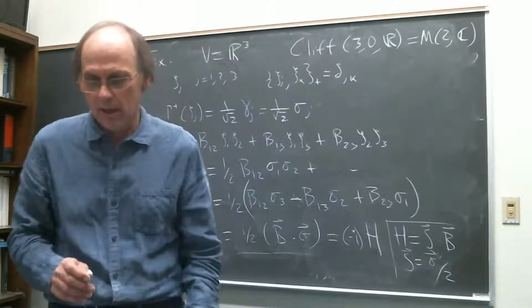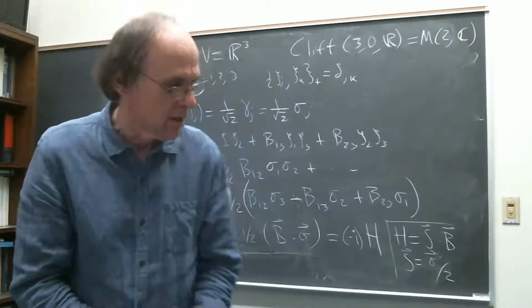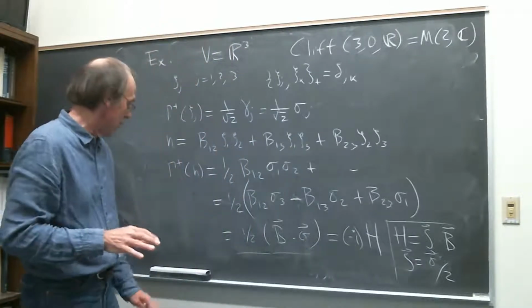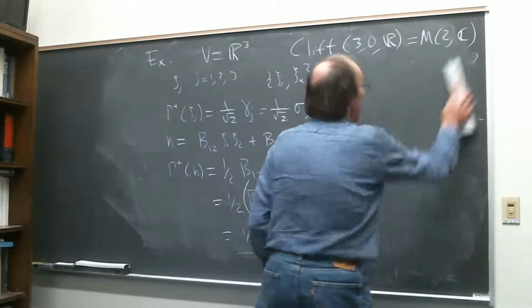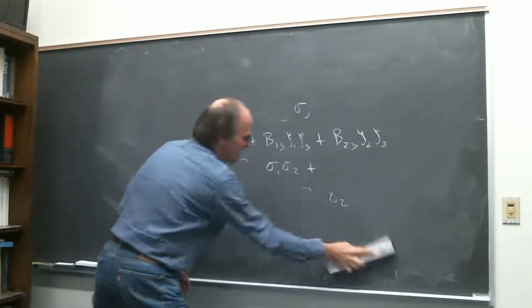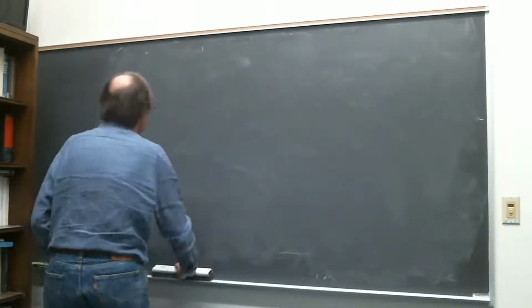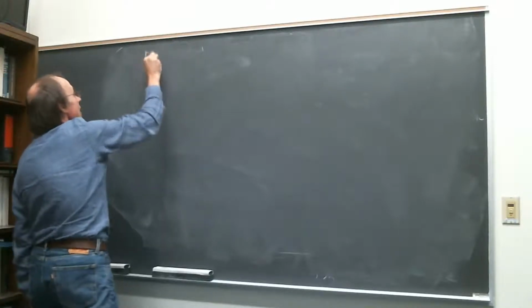Okay. So now let me get to the next part of this. Let's see how far I can get with this. So the thing I haven't been telling you about is, how do I... okay. So all of this has been about operators. So what about states?